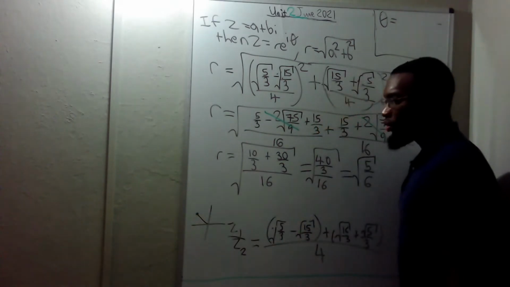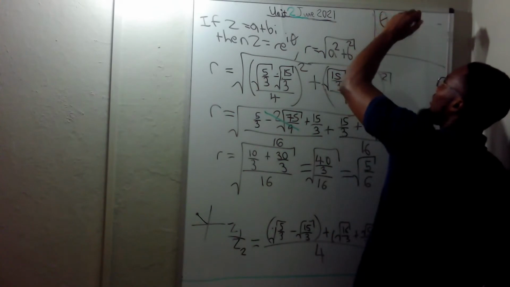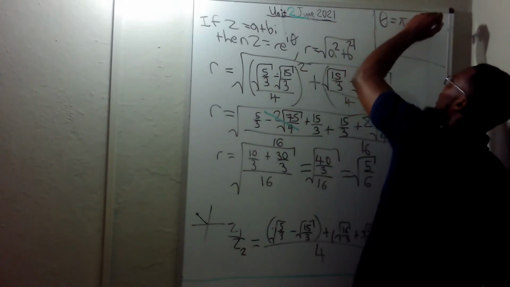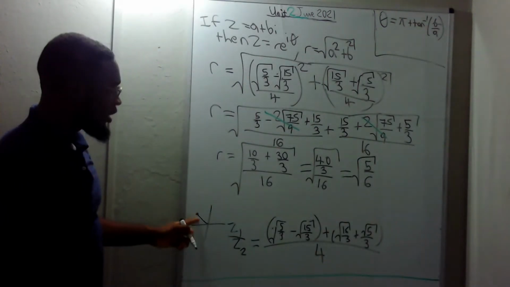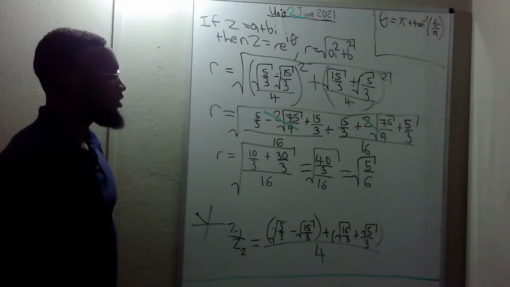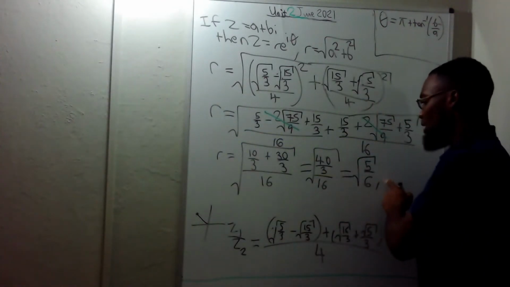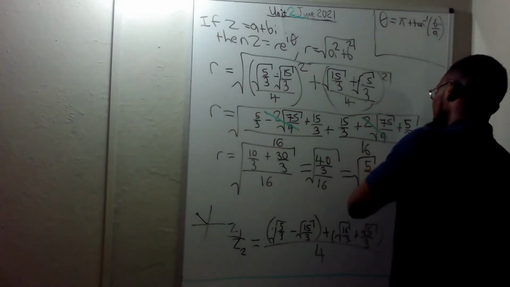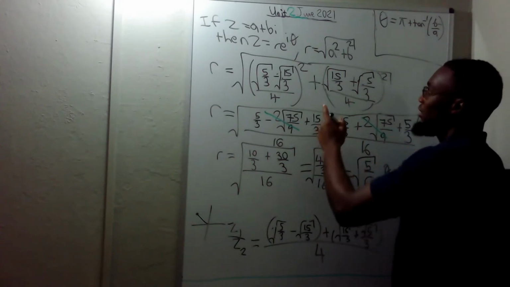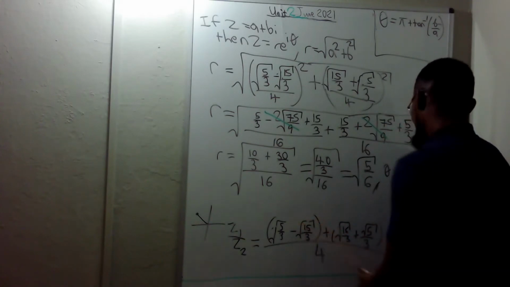If it is in the second quadrant, the formula for theta is pi plus tan inverse of b over a. So in our case, we can put a comma now and say theta is equal to pi plus tan inverse of b, where b is all of this, over a.